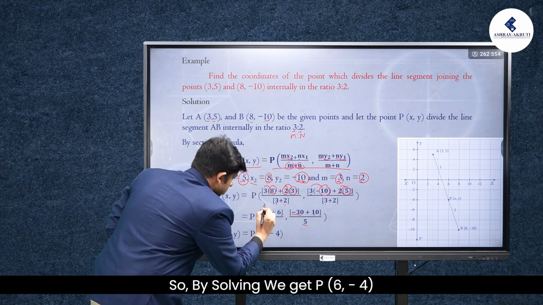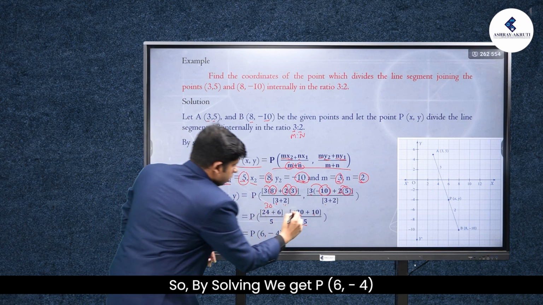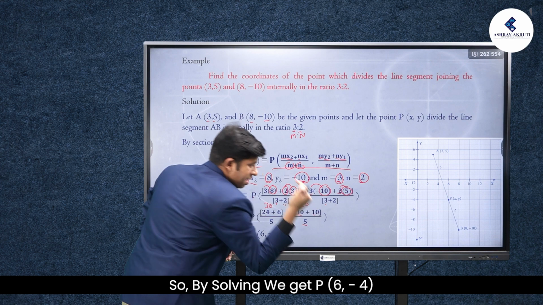So by solving we get P of 6 comma minus 4.